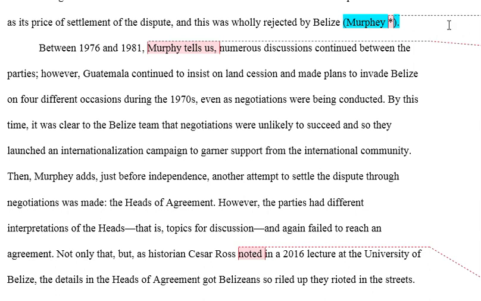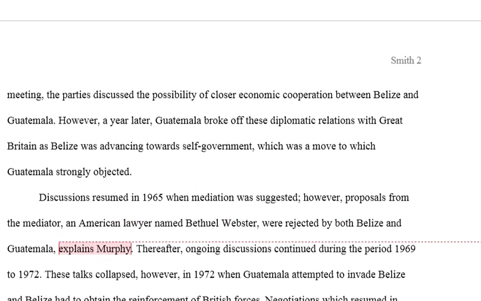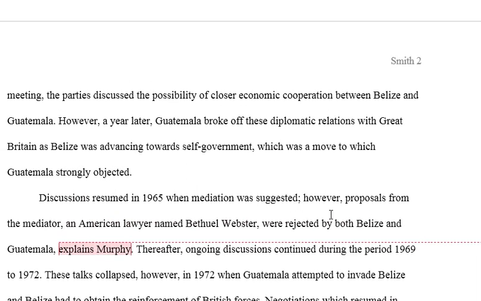So in the paragraph above, the student writes, "Proposals from the mediator were rejected by both countries," explains Murphy. Good, as we see here.